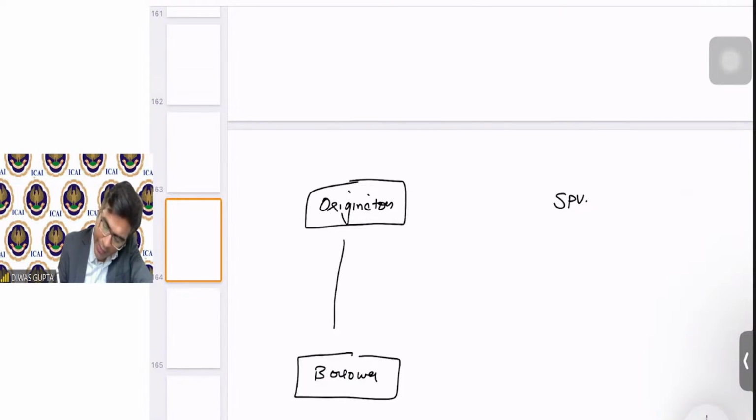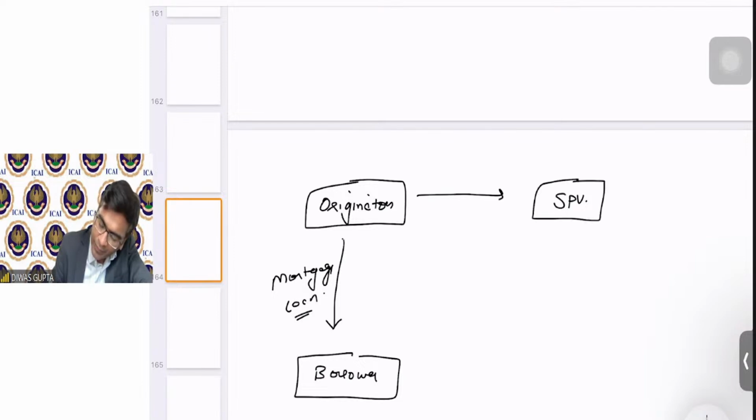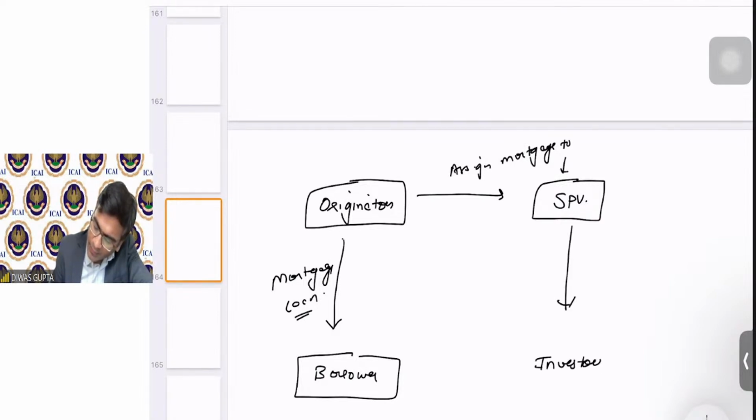The borrower has taken, let's say, a mortgage loan. We said it was a home loan, where the home is kept on a mortgage, and the originator will sell such mortgages to SPV, assign the mortgage to SPV, and then SPV will issue marketable securities to investors.